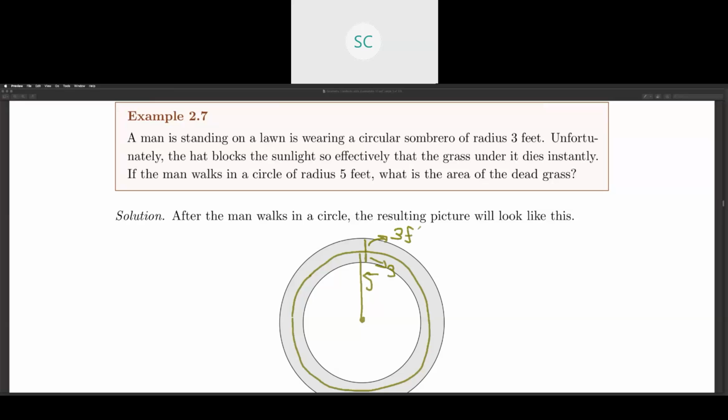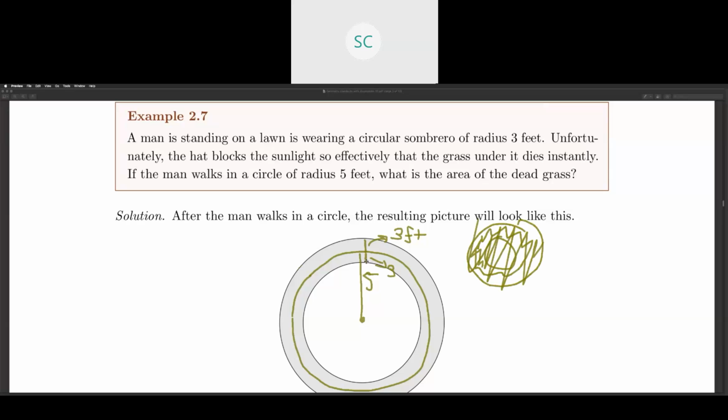So now we see that we have almost a circle that we're trying to find, right? The gray area is almost a circle, but an easy way to find it is to find the area of the whole circle and subtract the white part inside.